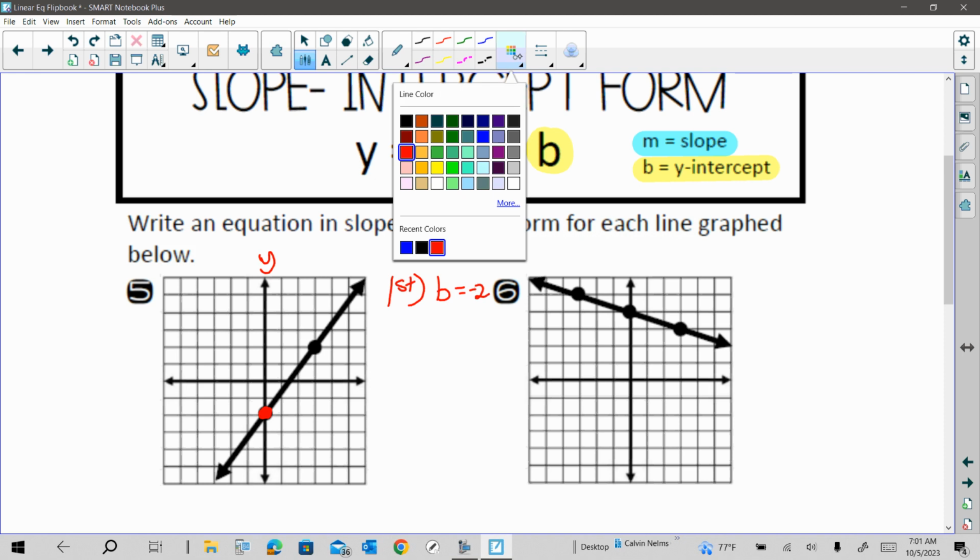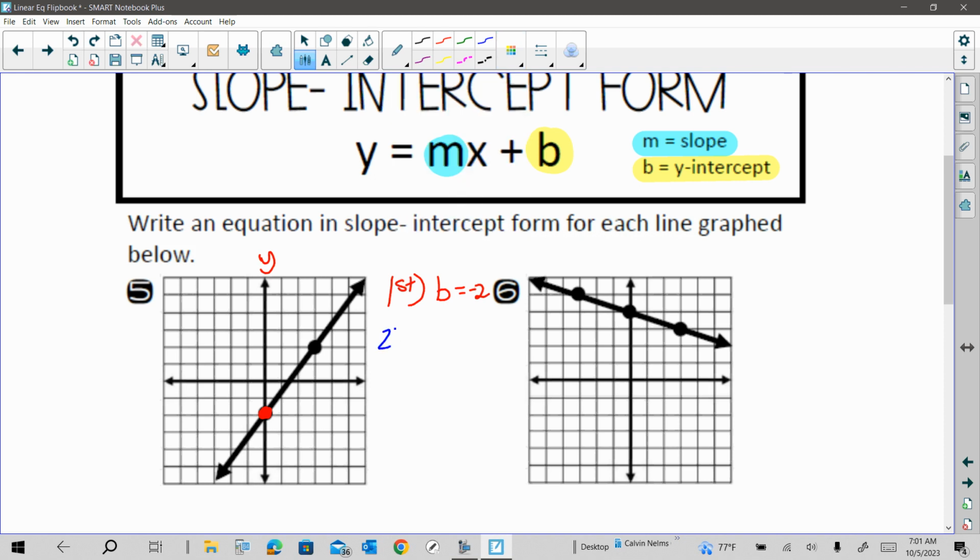So that's first. The second thing, you want to use your 2 points on the graph to find the slope. Let me undo this. Find slope using rise over run.